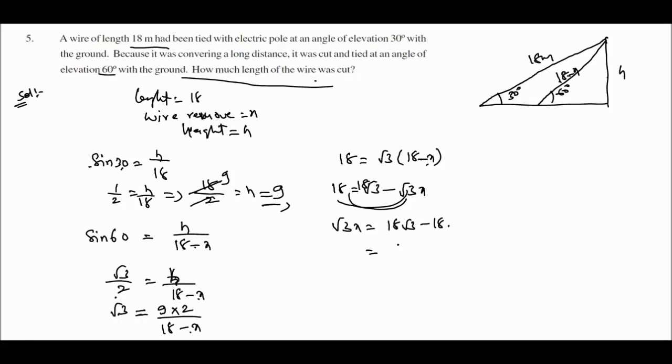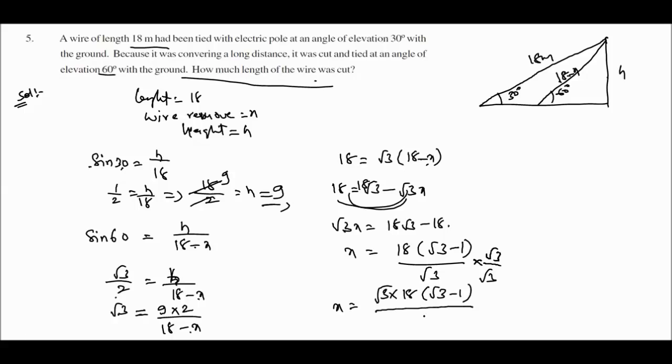So x is equal to 18 into root 3 minus 1, divided by root 3. Root 3 into root 3 is 3, and 3 sixes are 18, so x is equal to 6 root 3 into root 3 minus 1. This is the answer here.